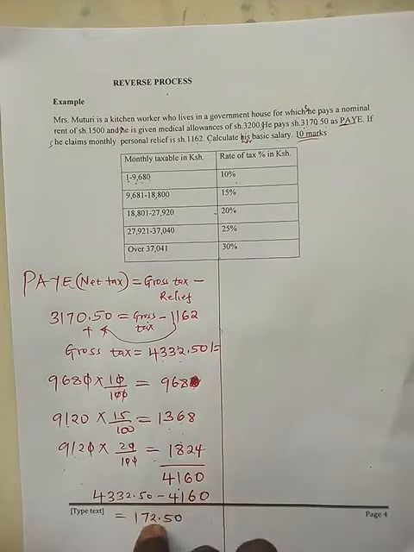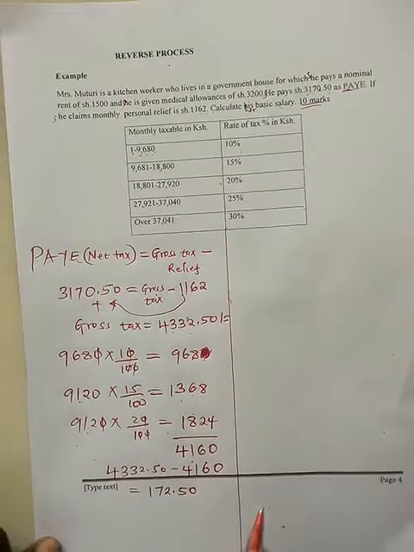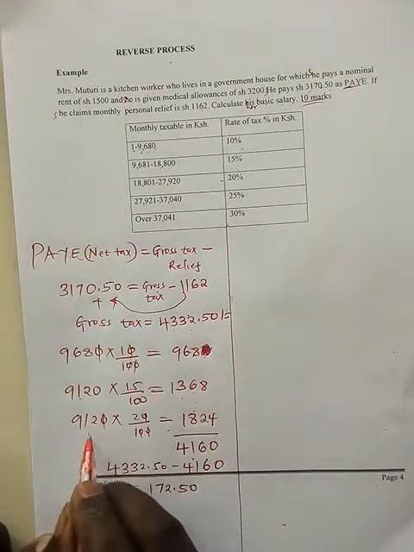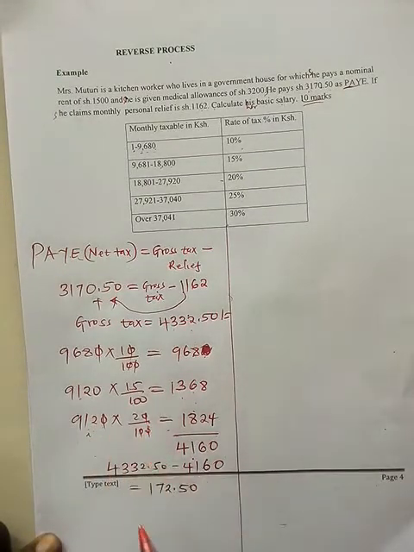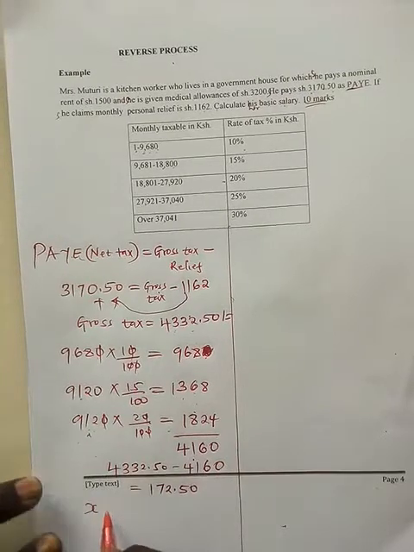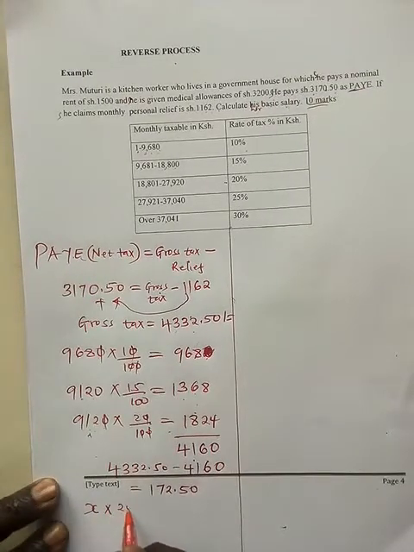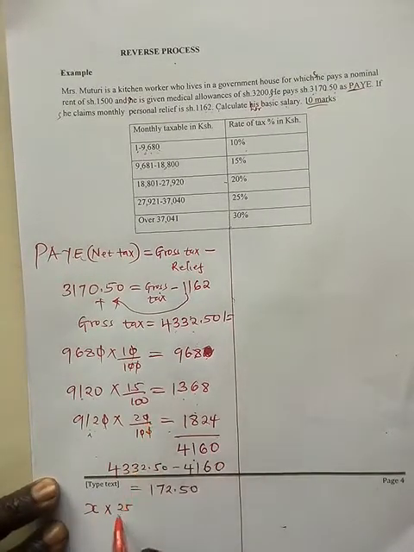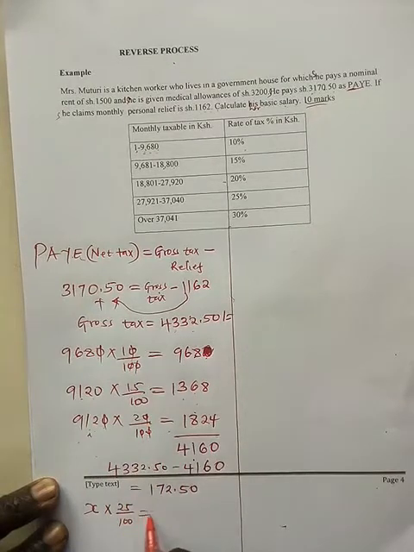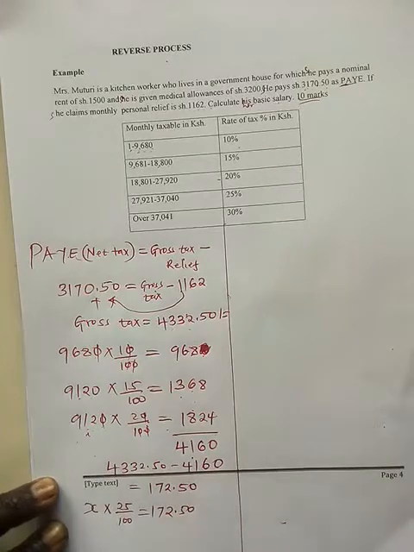Haya, sasa ikisha tupea hii ndio hii ni tax ambayo imebaki. Tunataka kujua ni pesa ngapi from the taxable income yenye ilitupea hii amount. Sawa? So tunapiga hapa sasa, lakini tuko na the next step ni 25. So x times 25, because from 20 to 25 over 100 will give us 17.250.